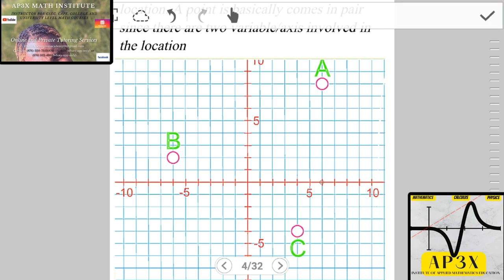So we stop at 6, all right? And you realize that we stop at 6 because we are right underneath the point A. So we then travel up now. That's 1, 2, 3, 4, 5, 6, 7, 8. So the coordinate value of the point A is in fact (6, positive 8).